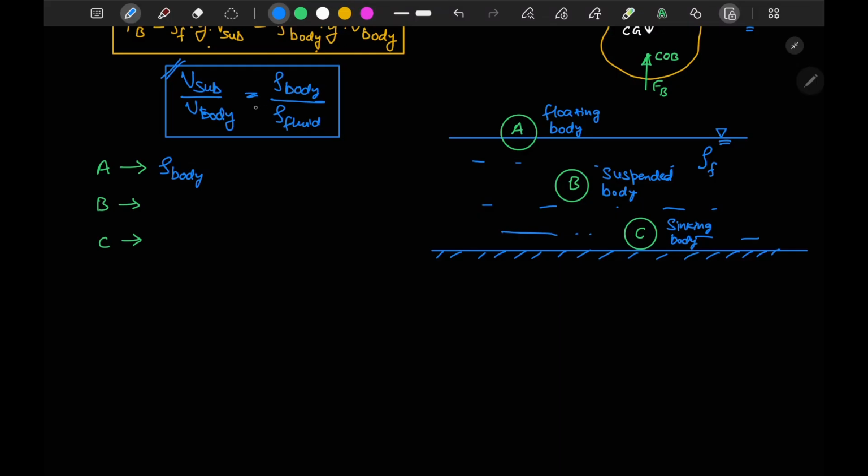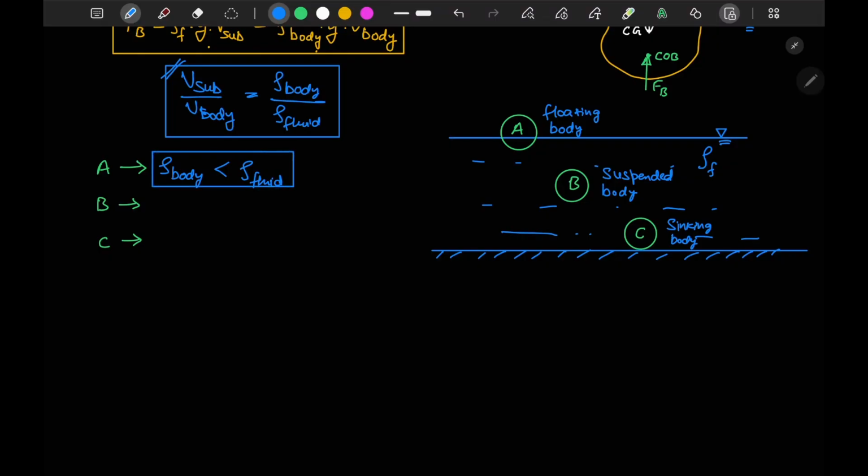It means that rho of body must be less than rho of fluid. Only then will your body float. If the density of body is less than density of fluid, only then your body will float.